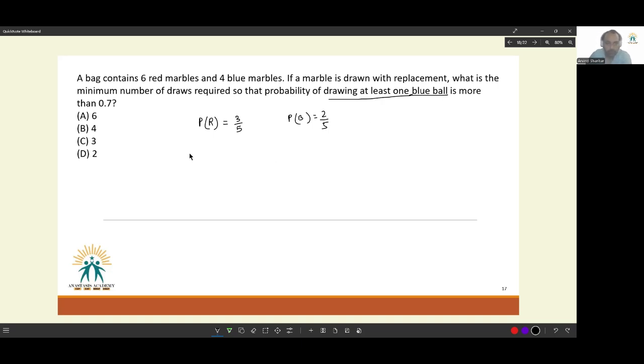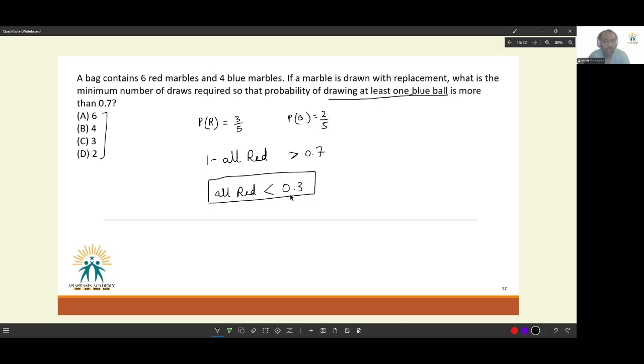What comes to our rescue is to look at the options. The option numbers are nice. 1 minus all red: I have to ensure the probability of 1 minus all red is greater than 0.7, or can I say the probability of all red has to be less than 0.3.